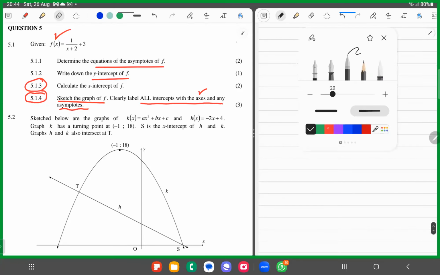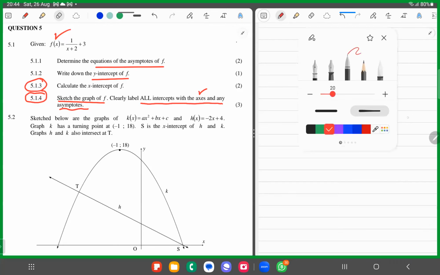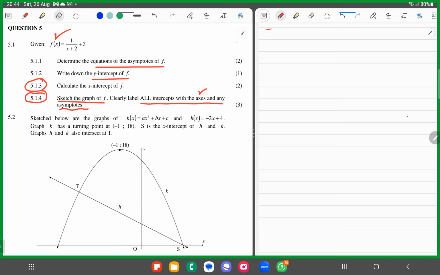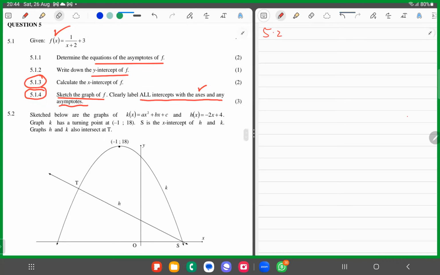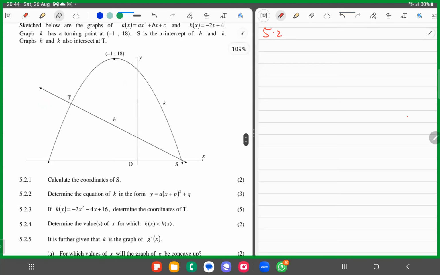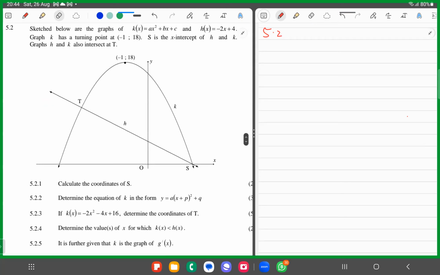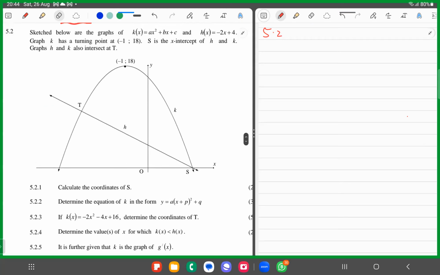Right, so good. I'm just recapping some of the basics on graphs, on the rectangular hyperbola graph. Okay, right. So in 5.2, we are now in a position to discuss a sketched graph. Let's look at this one that is sketched for us. Below are the graphs of K, and K itself is this one, and H is that one.